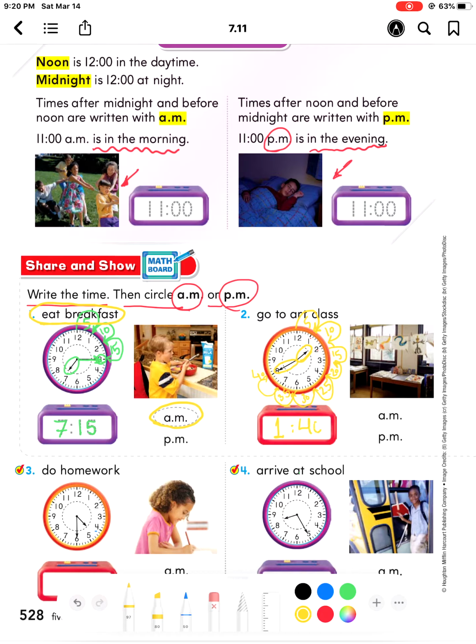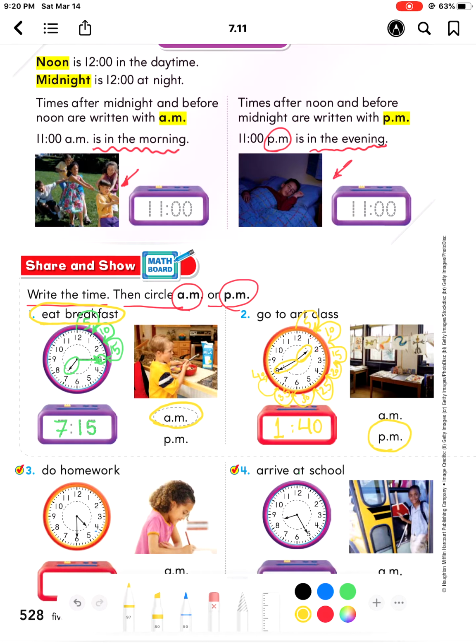So it's 40 minutes. Is it AM or PM? Think about it. Is it AM? Because at 1:40 a.m. we are usually asleep at home. It's 1:40 p.m. It's 1:40 after noon. Excellent.